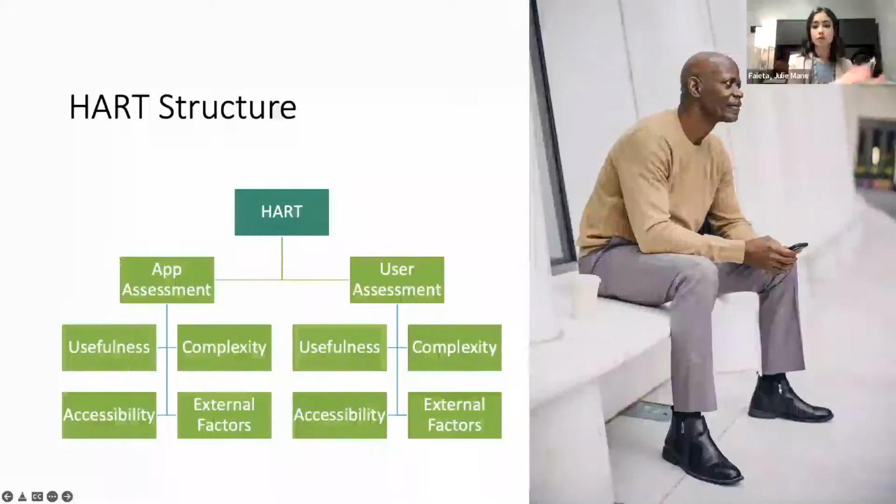It looks at both the user and the app and measures each across a series of items fitting into four domains: usefulness, complexity, accessibility, and external use factors. The responses to these items in the comparable domains between the app assessment and user assessment are designed to be compared using a SAS-based algorithm.